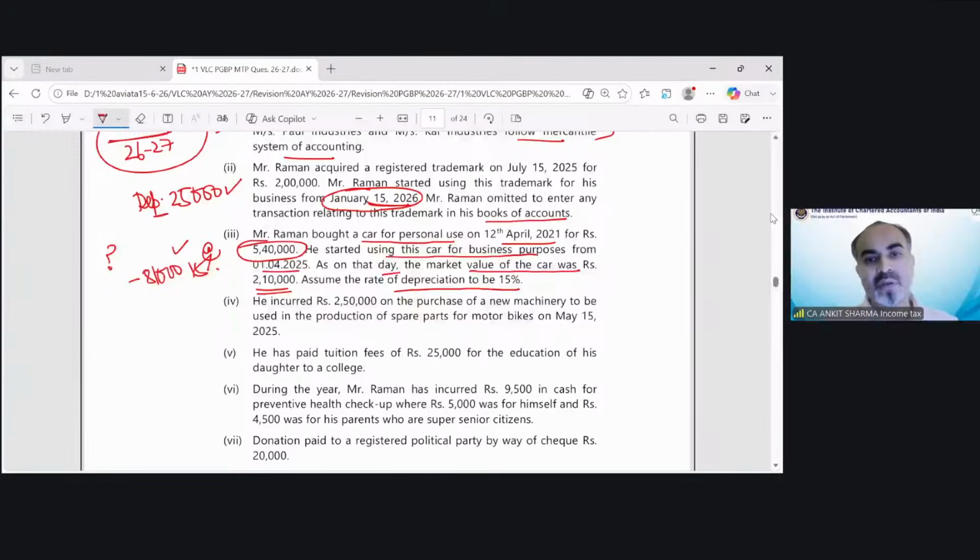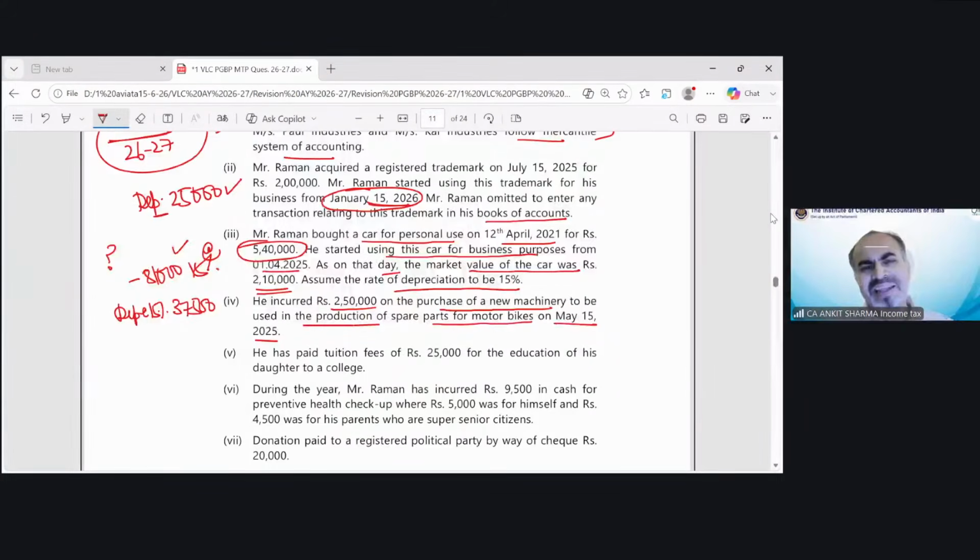Clear? He incurred rupees 2,50,000 on purchase of new machinery to be used in the production of spare parts of motorbikes on 15th May 2025. So in this case, you can claim the depreciation at the rate of 15%, and that would be 37,500.